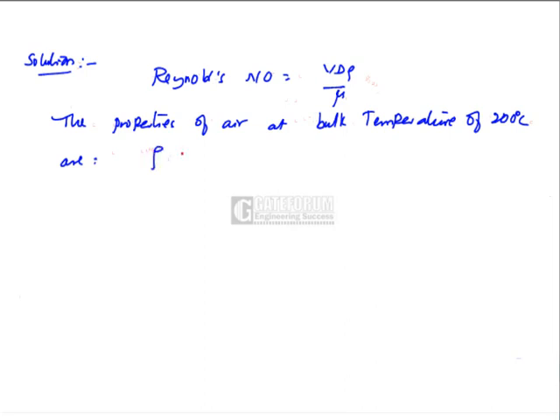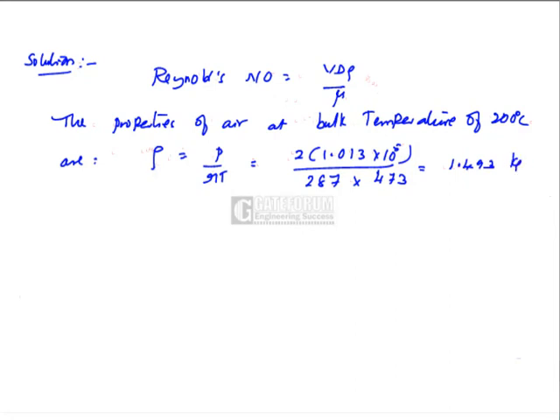Density can be calculated as P by RT, where P is 1 atmosphere. You should convert into pascals, R is 287 joule per kg Kelvin, and T is 200 plus 273, which becomes 473. That is 1.493 kg per meter cube. That is the density of air at bulk temperature of 200 degrees centigrade and pressure of 2 atmospheres.